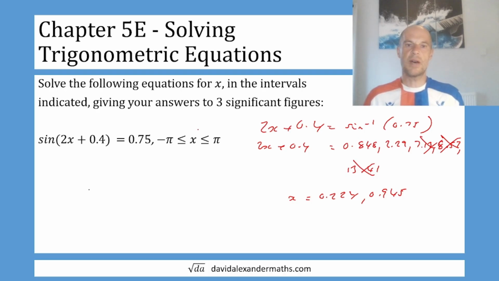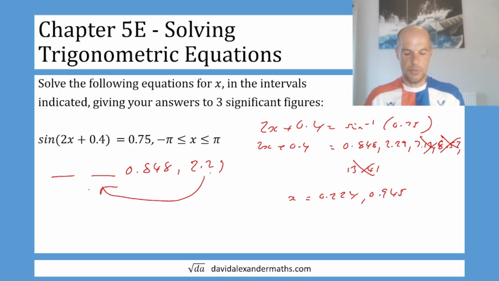Now maybe there are some ones that are less than 0. So if I've got my values as 0.848 and 2.29, then the first one beneath 0.848 is 2.29 take away 2 pi, which is minus 3.99.